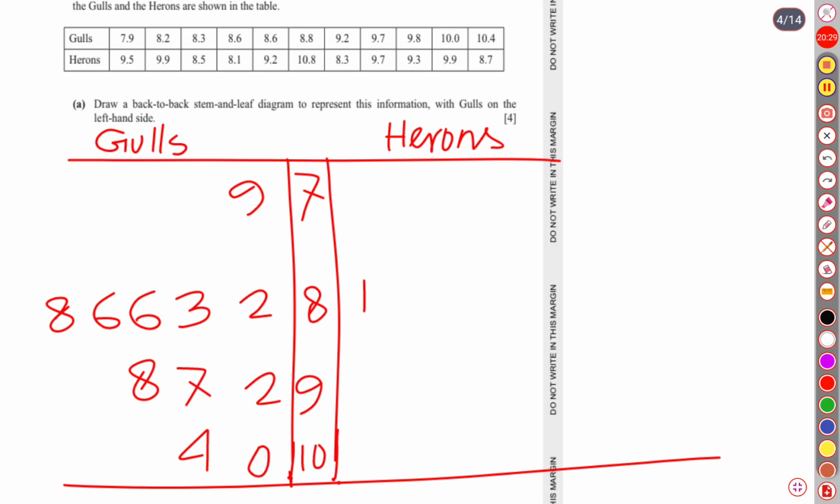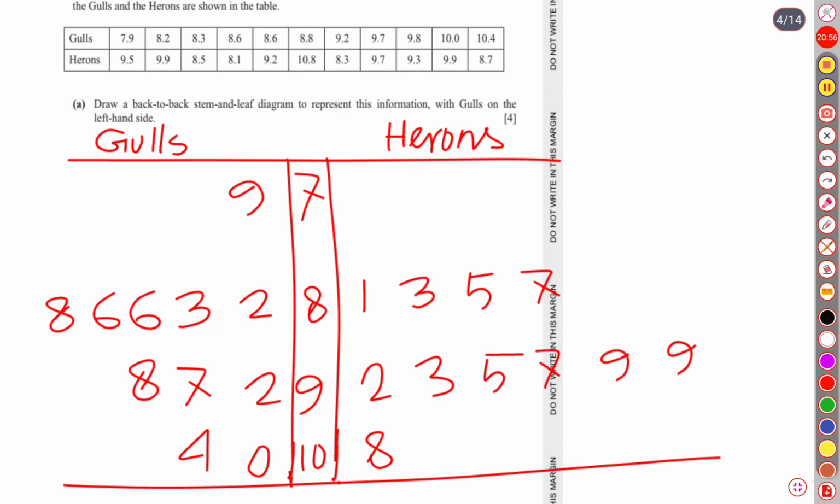So 1, 3, 5, 7. Then after 9 there is 2, 3, 5, 7, 9, 9, with 9 two times. So 2, 3, 5, 7, 9 as well as 9. Then after 10 there is only one digit, which is 8.